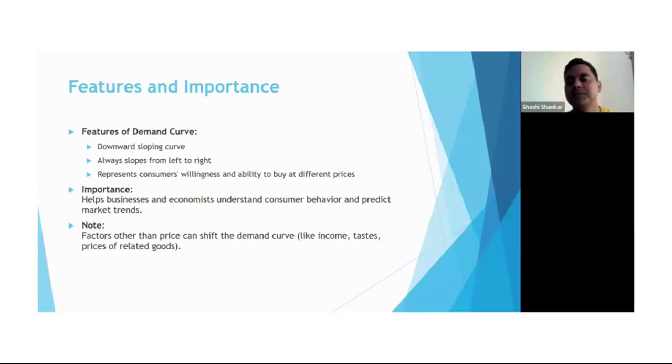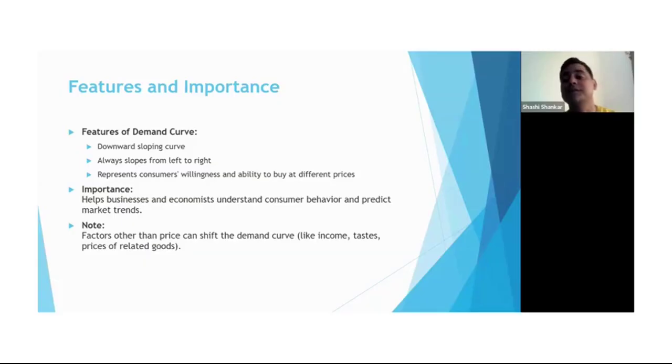These are the constant factors, as I mentioned when I was explaining the law of demand: income, taste, price of related goods. If income changes, definitely quantity demanded might be less or more. Accordingly, the demand curve will shift.